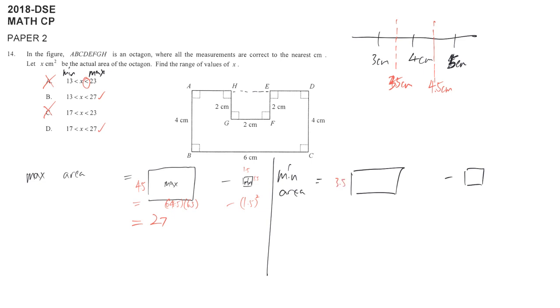If the actual length is 3.5, then we still consider it as 4. 5.5 here. This one as large as possible, 2.5. So our possible minimum is this, and then 13. So our lower limit is 13, and B is our answer.